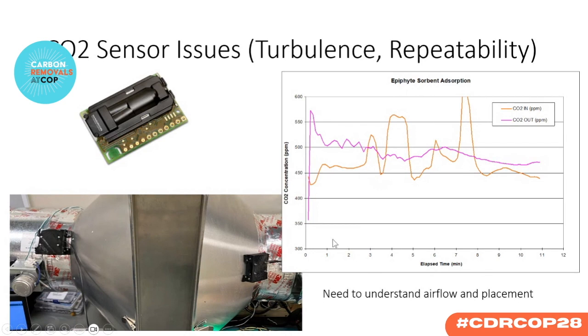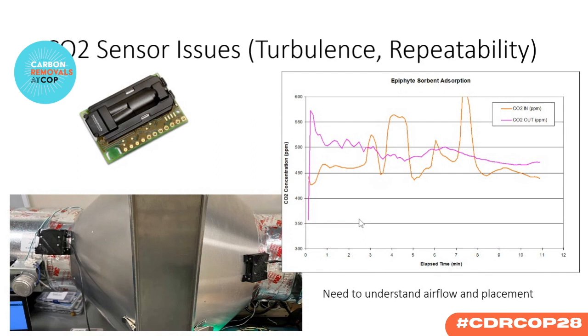If you look at measurements made over the course of a few minutes, this red line is the input side, and the pink line is the output side. That measurement goes all over the place. And I know certainly the CO2 on the input side should not vary that much. And I think that the sensor is still being influenced by turbulence in the chamber.